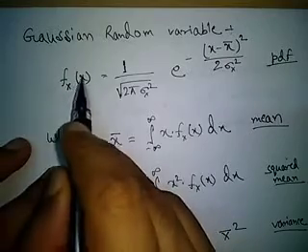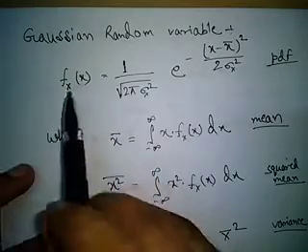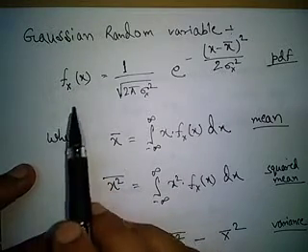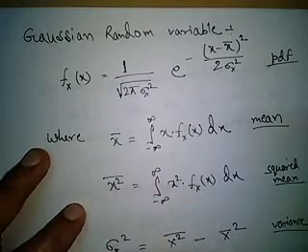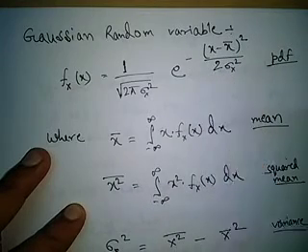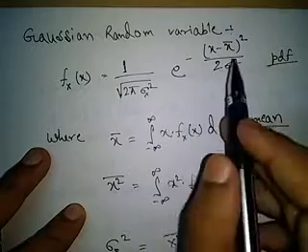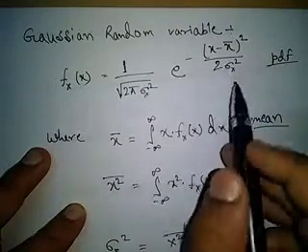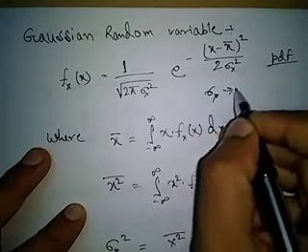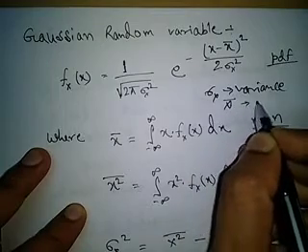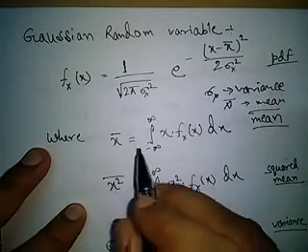X is the random variable and x is the values, or you can say the variable that is a set of this random variable X. So this is the formula: 1/√(2π σ_X²) exponential of minus (x minus mean X) whole square divided by 2σ_X². So mean X, we all know, is the mean value of the random variable. Sigma X square is the variance, so we must know that. Mean X is of course the mean. So this is the formula.